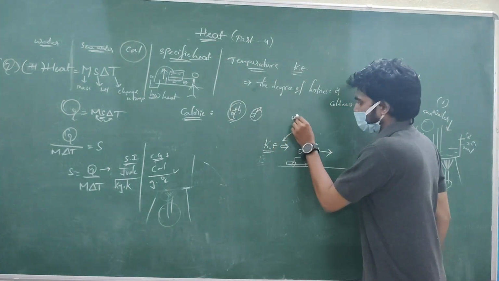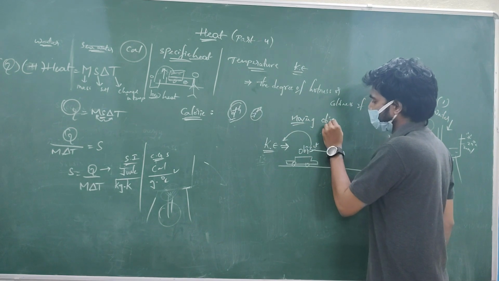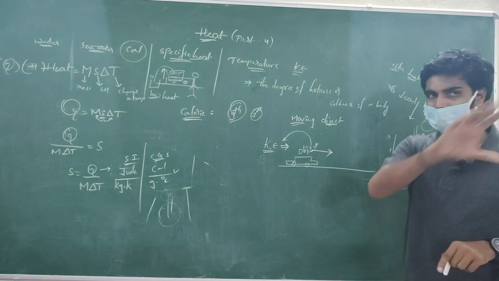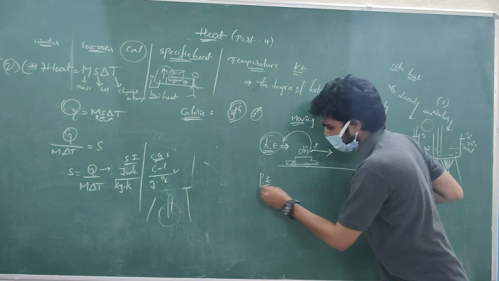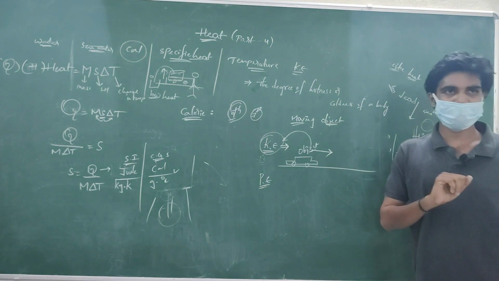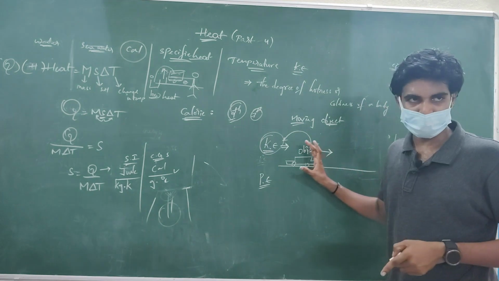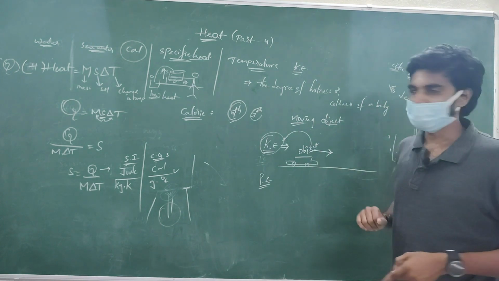Every moving object contains an energy. That energy we call kinetic energy. You might have a doubt, that is, I haven't heard about potential energy also, sir, right? So coming to kinetic energy, if an object is in motion, it contains an energy. Let's consider a fan.